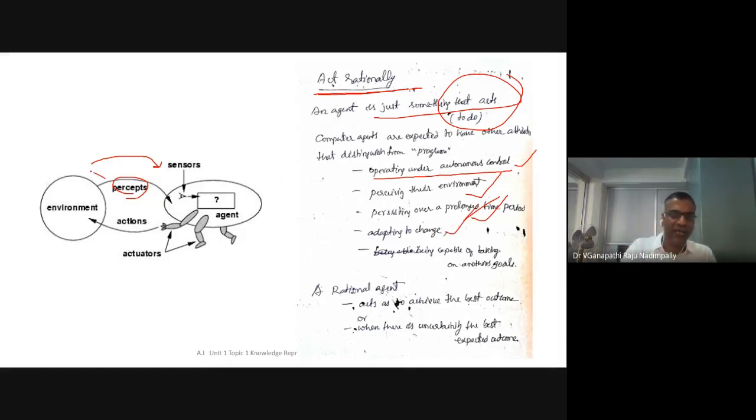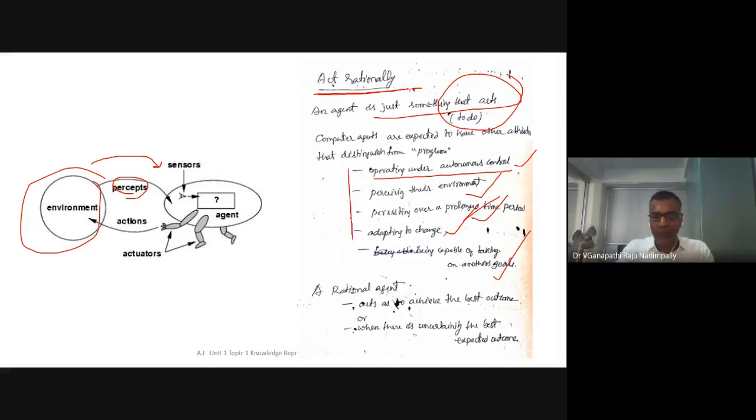Last point is capable of taking on other goals. For example, if two agents are cooperatively working to achieve a goal, this agent has to cooperate with other agents, and sometimes, if possible, it can share the goals of other agents. These points we have discussed about what an agent is.